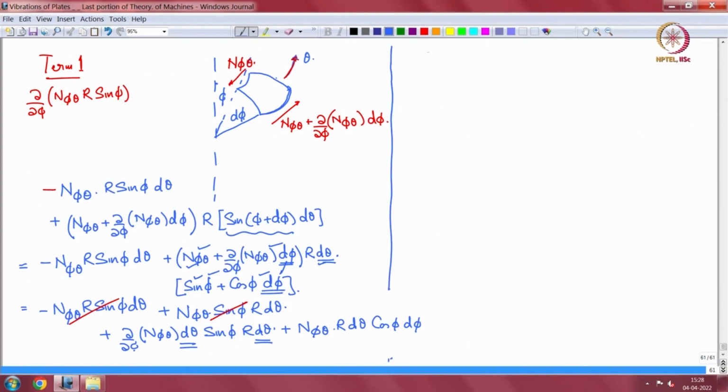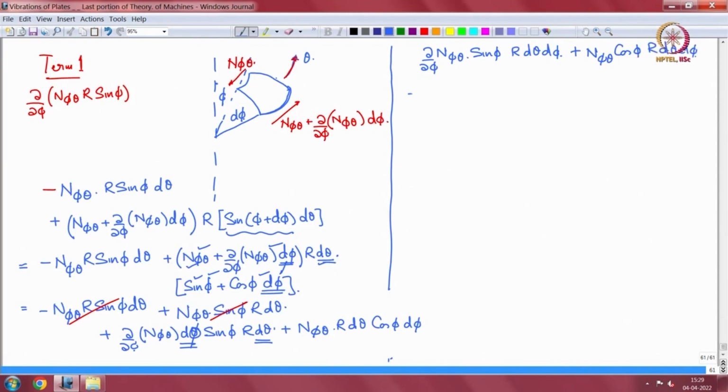Those are del by del phi n phi theta sin phi r d theta d phi, plus n phi theta cos phi r d theta d phi.